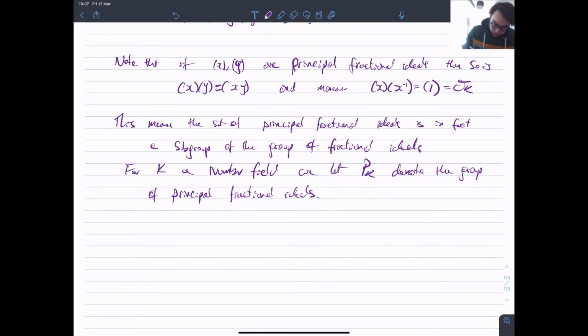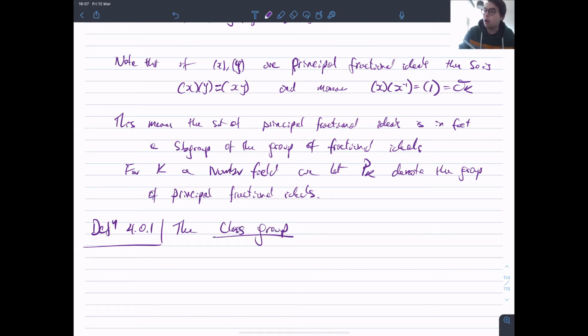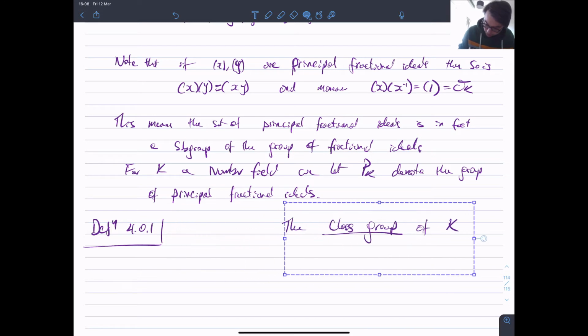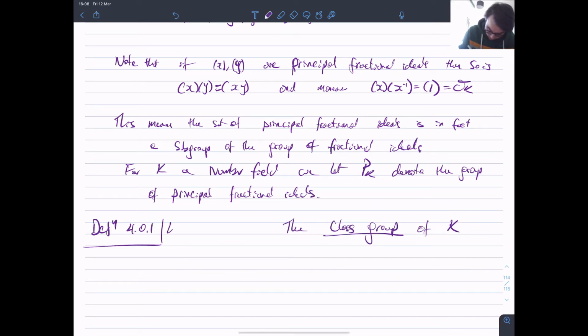All right, so here's the big definition. This is definition 4.0.1, the class group. It's tradition that I write this, so let K be a number field.